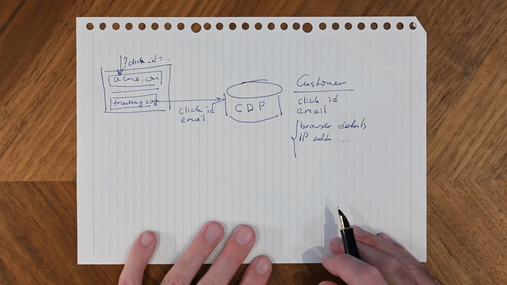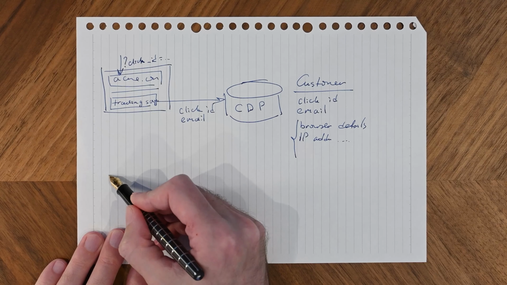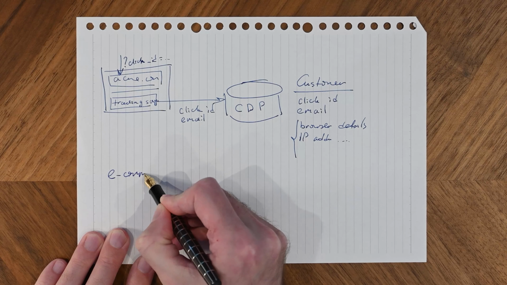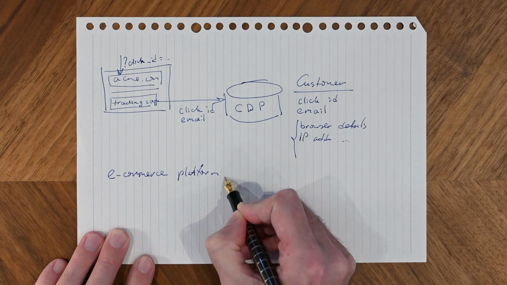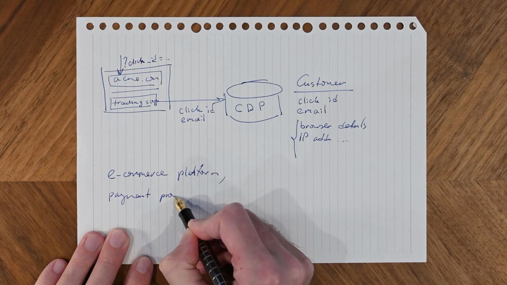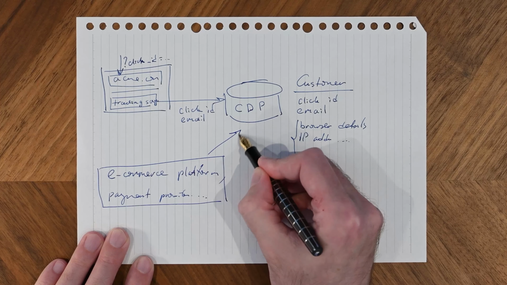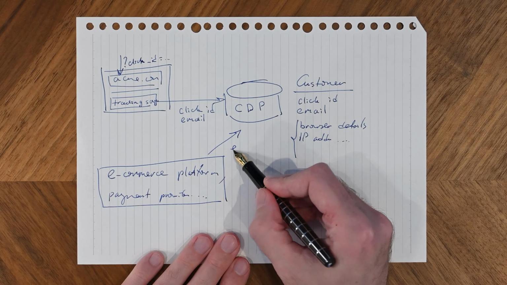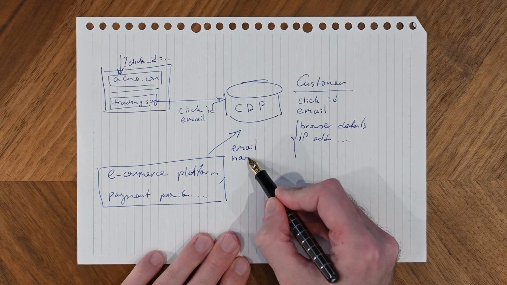So when a conversion then happens in another platform, for example, it might be a completed purchase on a website later on, or it might be a payment from a payment system, or it might be an e-commerce conversion, it then gets sent to the customer data platform as well. And this conversion would typically have a customer email address or another identifier, or other customer conversion details.